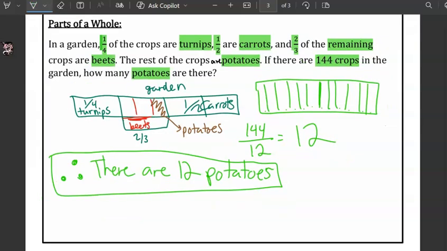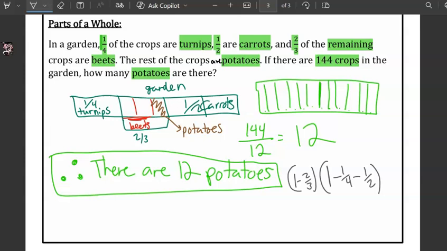A way to show this algebraically, we could say that we have one whole garden minus 1/4 of the crops being turnips minus half of the crops being carrots. And we're going to multiply that by the potatoes. To get that, it's going to be 1 minus the remaining 2/3.